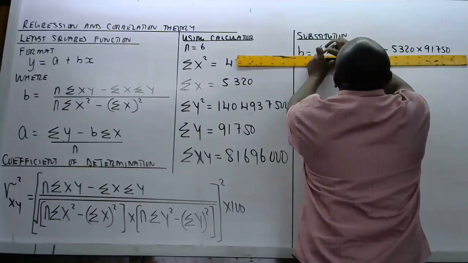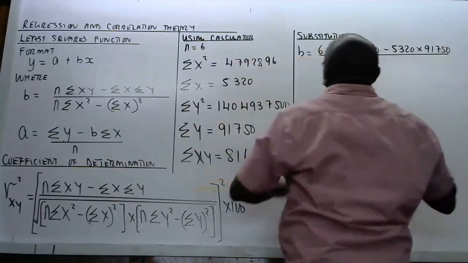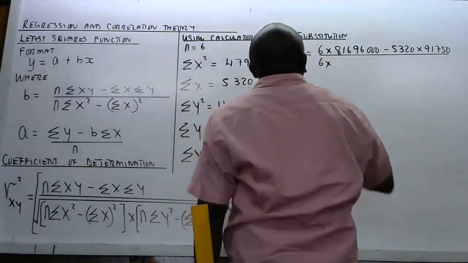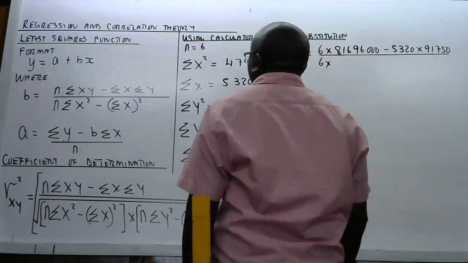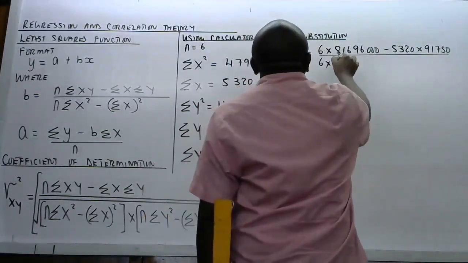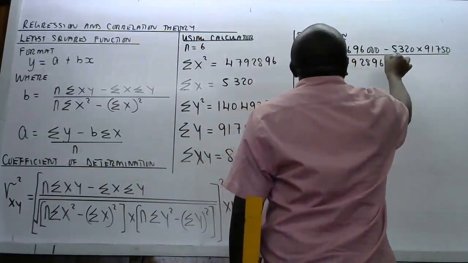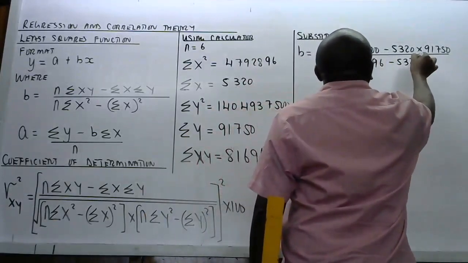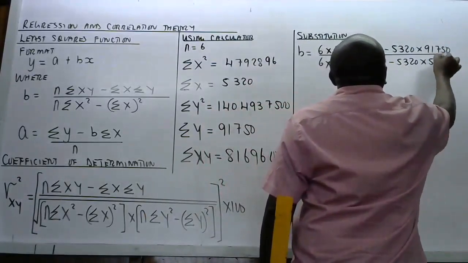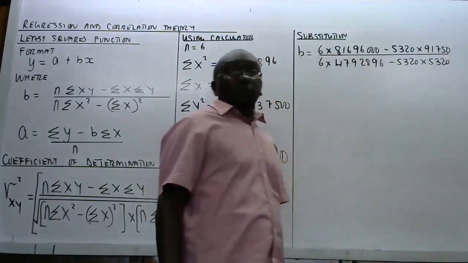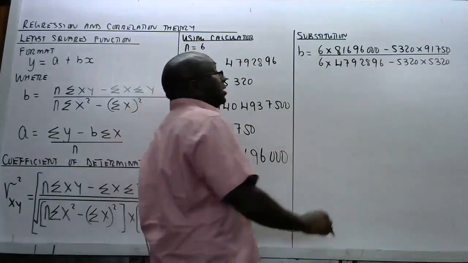You divide by 6 times sum of x squared, 4792896, minus 5320 times 5320.